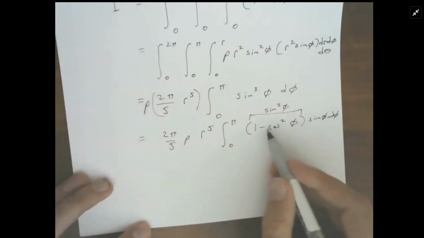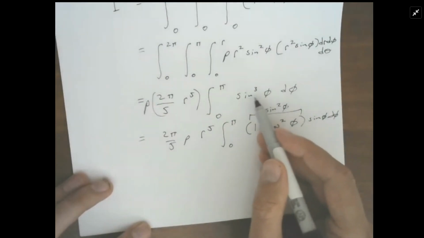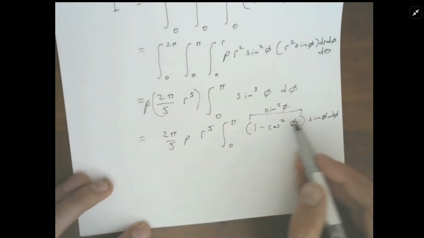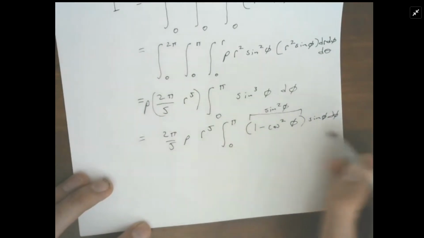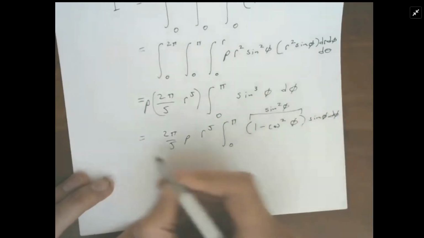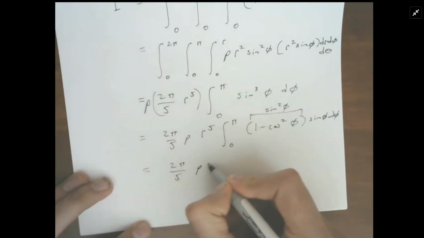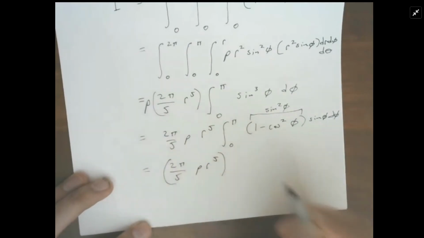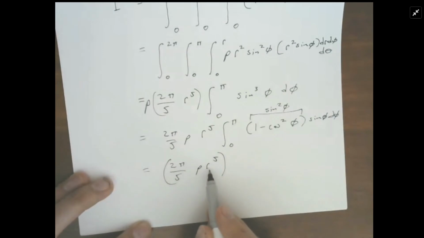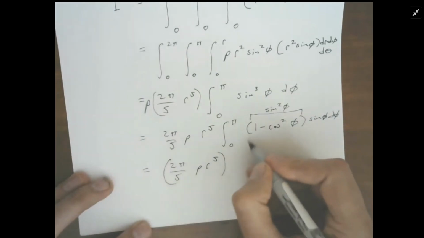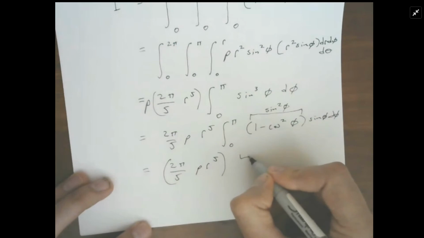I'm skipping part of the integration, but this is a trick that we can use to integrate powers of trig functions. And then to evaluate this integral, you'll use a u substitution. So what we find when we evaluate this is this prefactor that comes from integrating over r and theta, multiplied by this integral, which turns out to be 4/3. You can verify that.